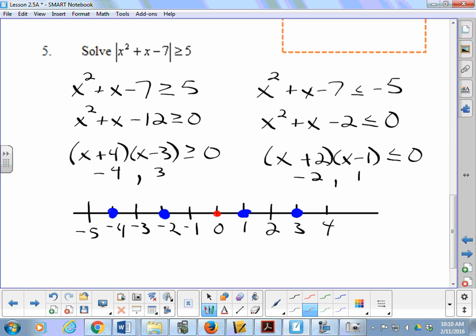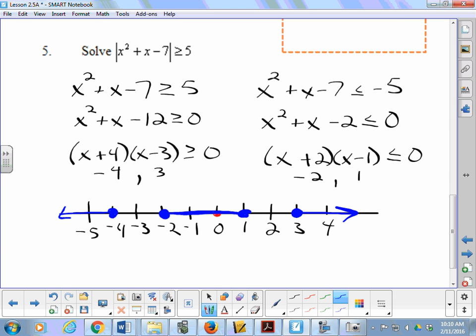So this one works, and we know it's going to be the area between these two. Now, generally, and I use that word because I didn't use the word always, if that's the case, then it's going to be here and here also. But it doesn't always work that way, so we need to test other numbers to make sure whether they work or not.